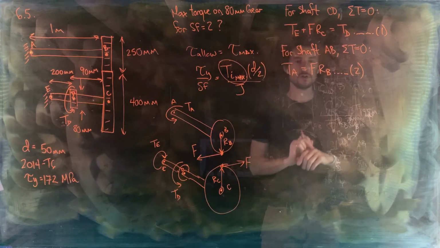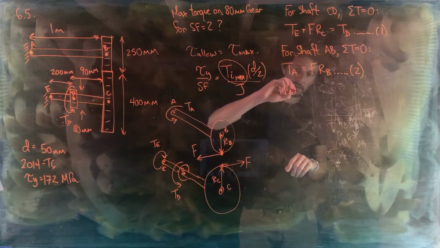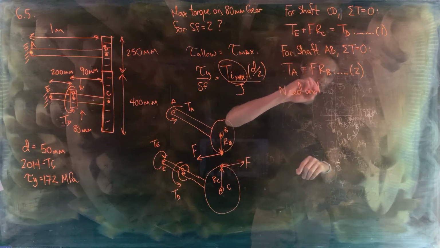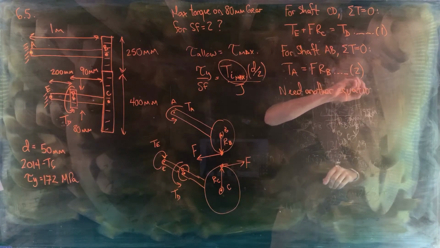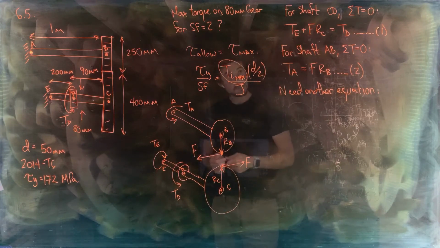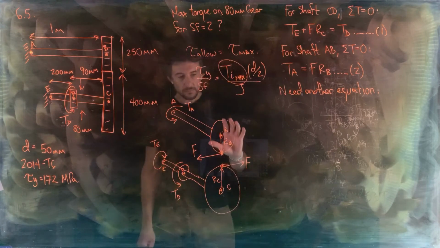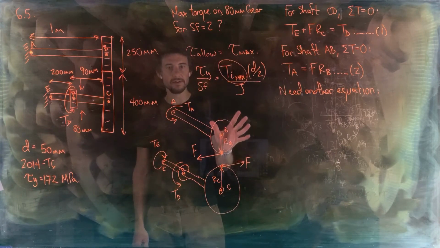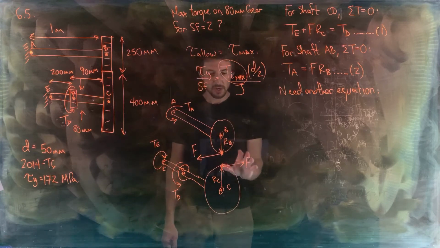We've got too many unknowns for the equations that we have to solve them, so we need another equation. That means this problem is one of the statically indeterminate problems again. So we have to consider deformations to build up that extra equation.